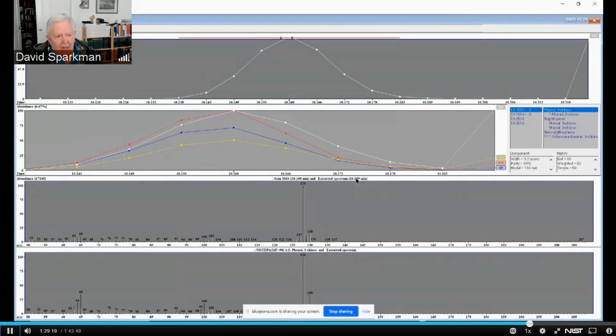It has separated those two compounds, and from the data that NIST created, you can quantitate those two compounds.